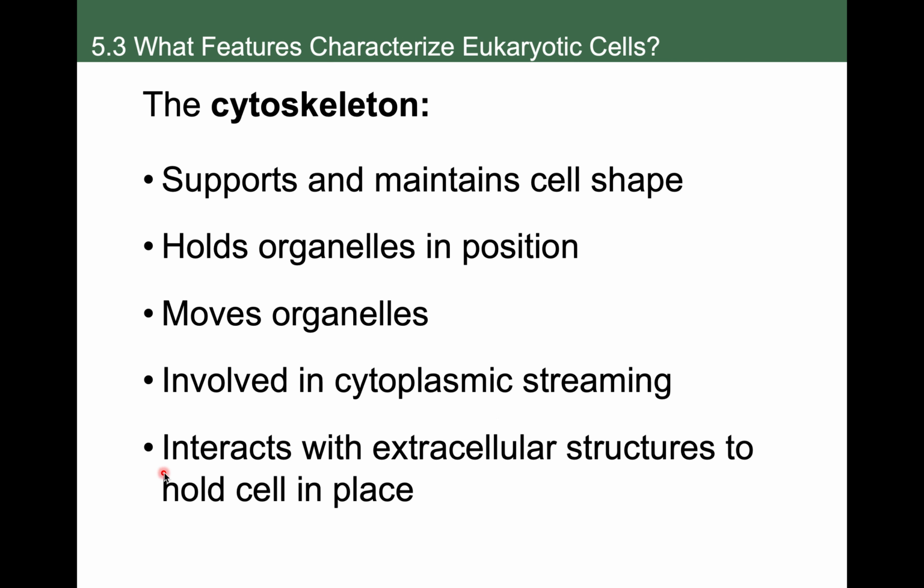And as I'll mention, the cytoskeleton can also interact with extracellular structures, so outside of the cell, can be used for anchoring cells or cell-to-cell type of interactions. And unlike an animal skeleton, the cytoskeleton is actually very dynamic, so it can change very quickly. It could shrink or grow, branch, so it's constantly in flux.